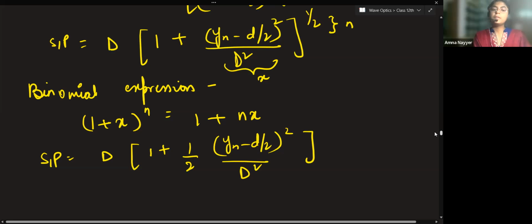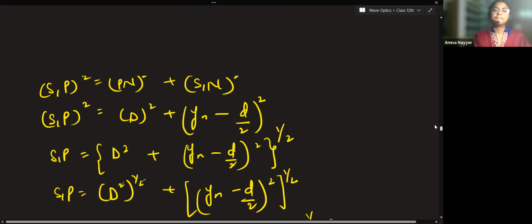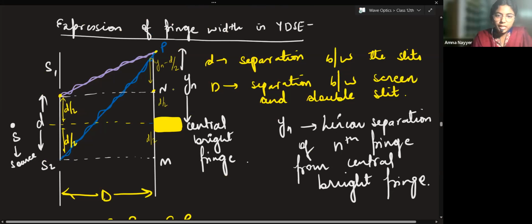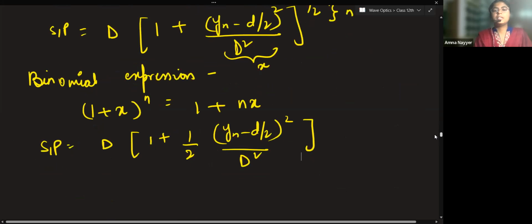So for S2P, I look at the bigger triangle, S2PM. The hypotenuse is S2P, the base is again S2M, that is capital D, and the perpendicular is Yn plus D by 2. The same steps will be repeated, just the triangle will be different.